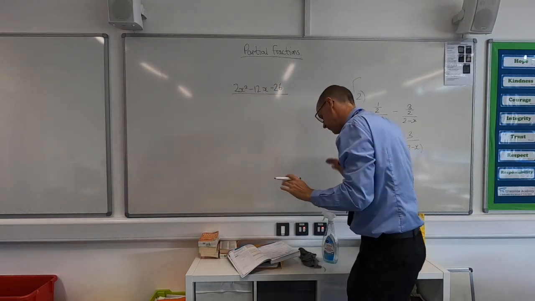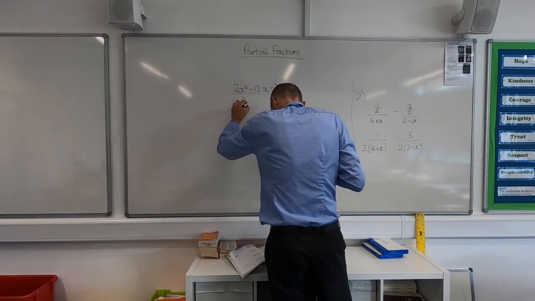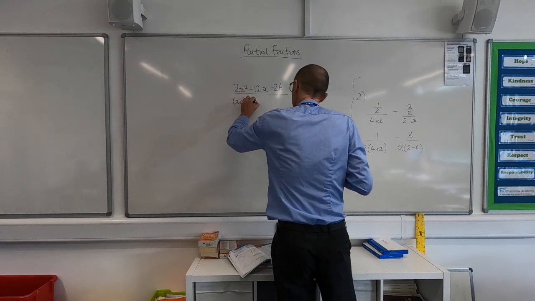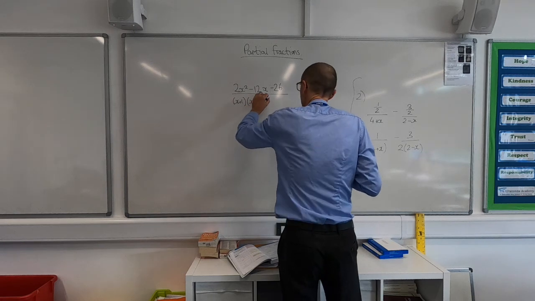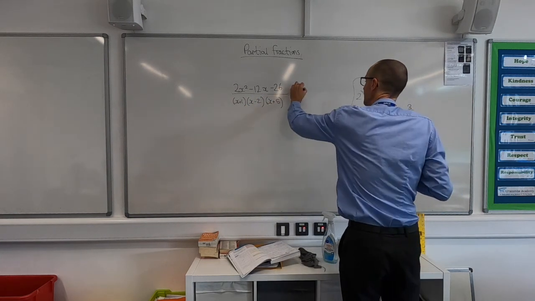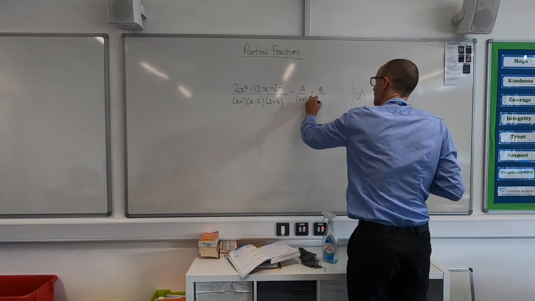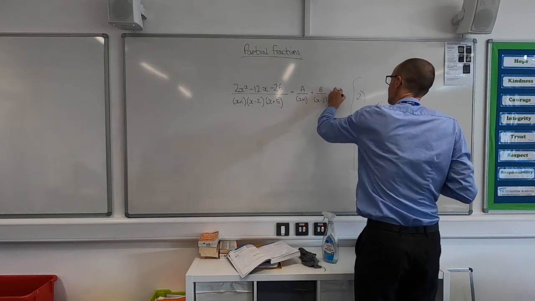And the denominator, if I was to multiply that out, would have order 3. So I know that this is going to give me still the same thing, but I'll just have 3 answers. So I'm going to throw in a C there.